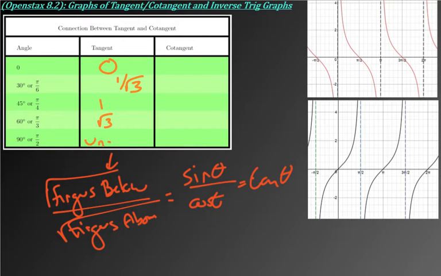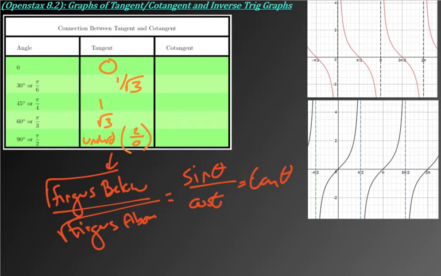And so this thing is undefined on the bottom one. It's undefined, but it would sort of be like 2 over 0, which we know we can't do because it's square root of 4 over square root of 0. But that is actually going to be helpful for filling in cotangent, okay?